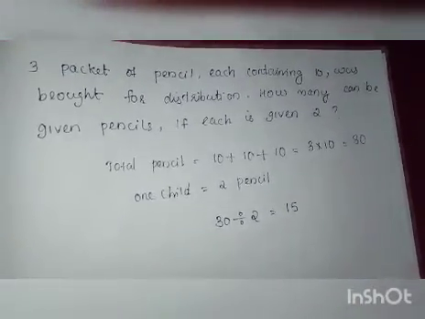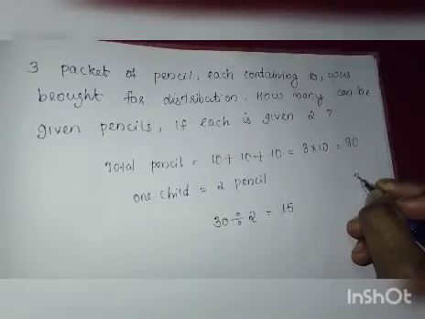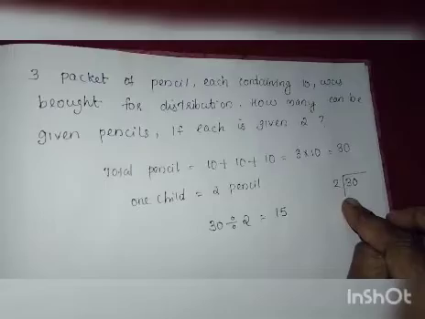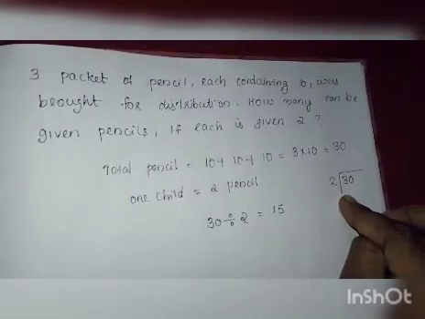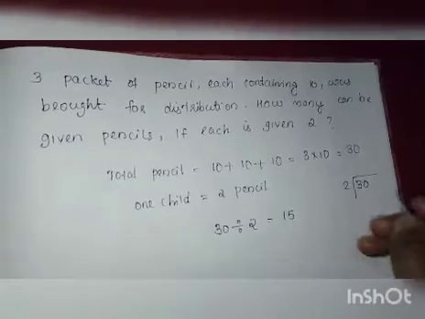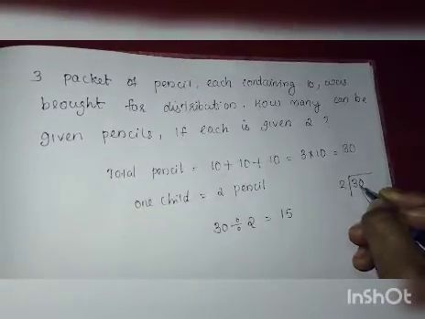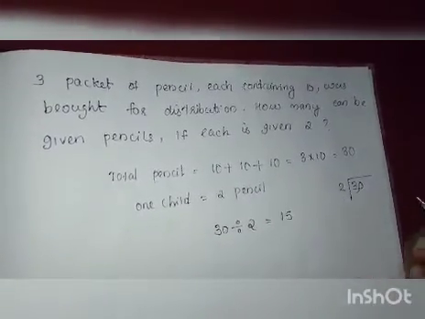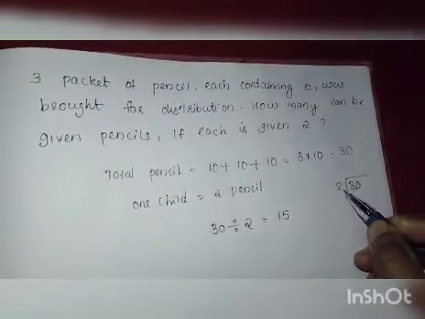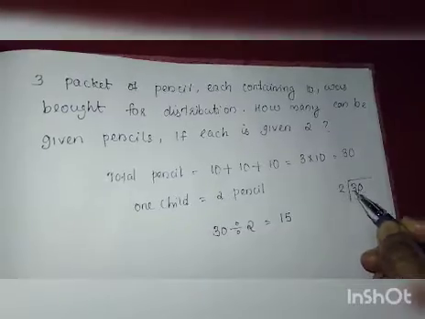In another way, we can find the solution like this, by long division. This is another symbol for division: 30 divided by 2. Here first we take the first number, 3, and look for the nearest multiple of 2.